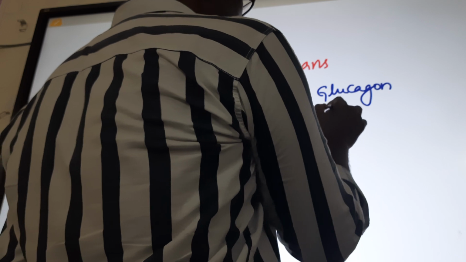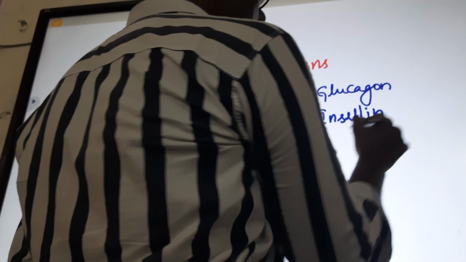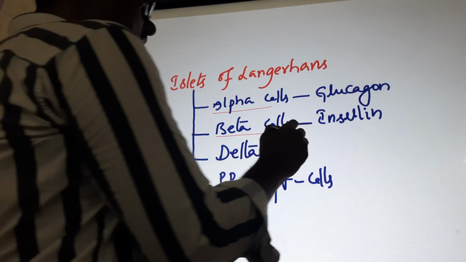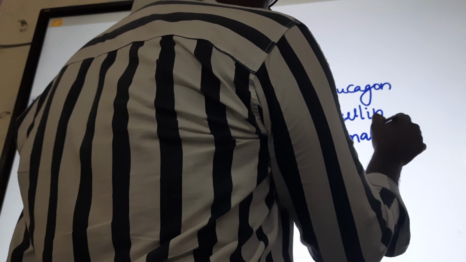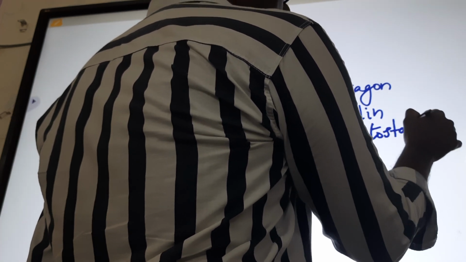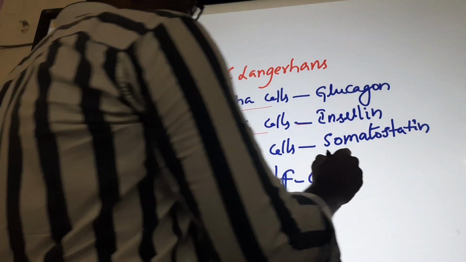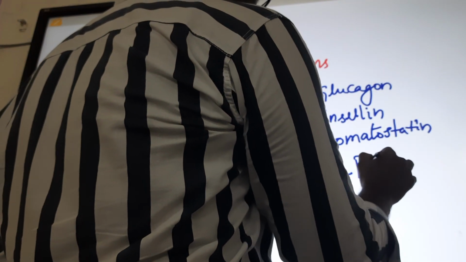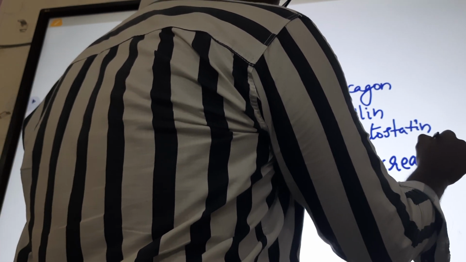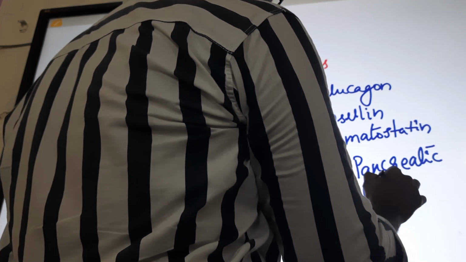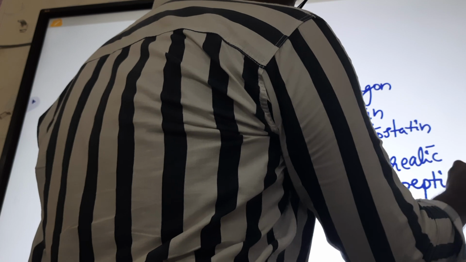Beta cells secrete insulin. Delta cells secrete somatostatin. PP cells secrete pancreatic polypeptide. Right.